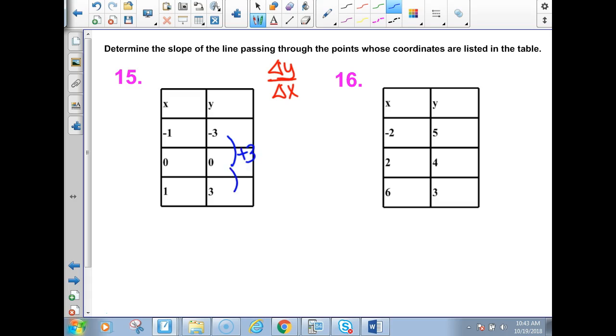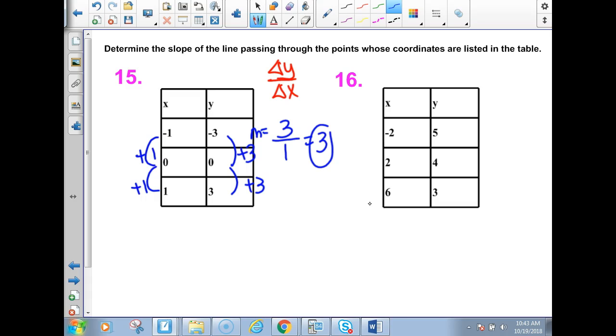So that's the top part. 3 over something. Then I look over here at the x's. How are the x's changing? They're going up by 1. So that's 3 over 1, which is 3. Okay, slope of 3 for that one.